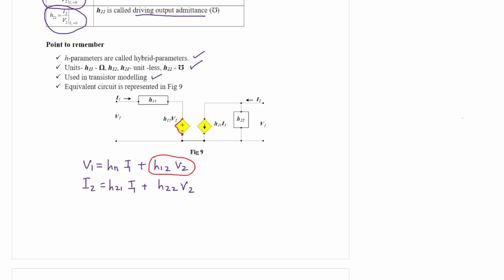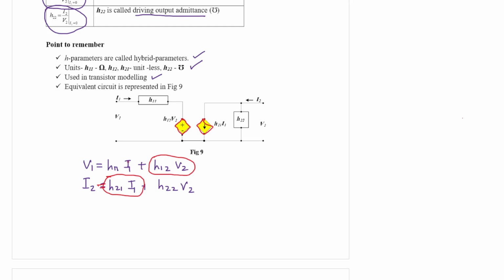Because it is a voltage on the input side but dependent on V2, that means the output port. That is why it is represented by a dependent source. In the same way, H21 I1: this current I2 has a component H21 I1 which is dependent on the input side current, so that is why it is represented by a dependent source.